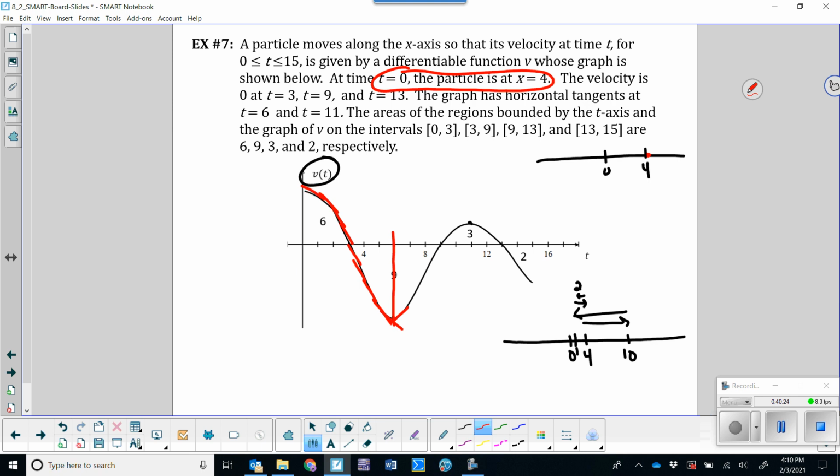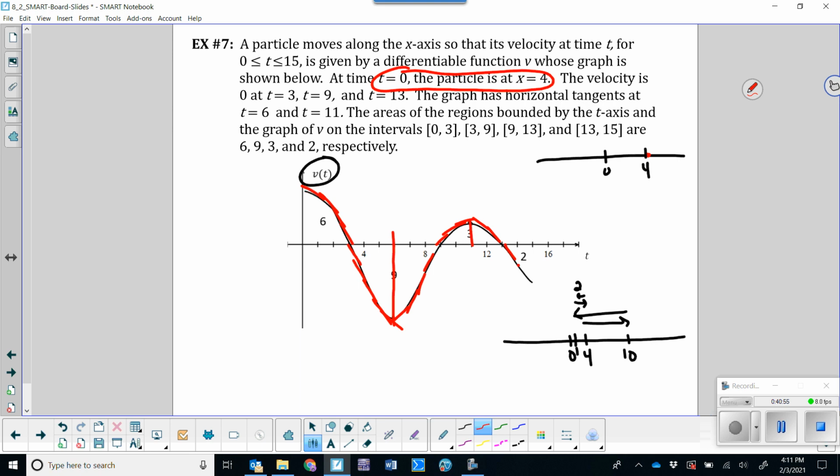If we go from 6 to 9, we see that we have positive slopes and negative velocity, so that's slowing down. If we go from 9 to 11, we have positive velocity because it's above the x-axis, and we have positive tangent lines, so that's a positive derivative. Then we would have negative slopes but positive velocity because we're above the x-axis.